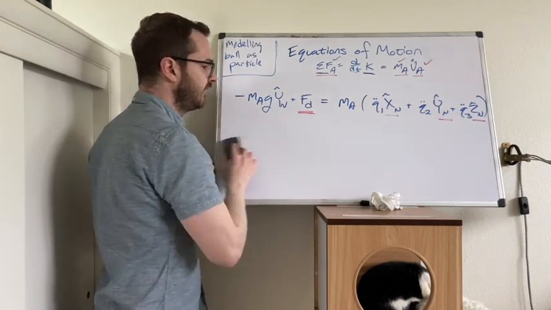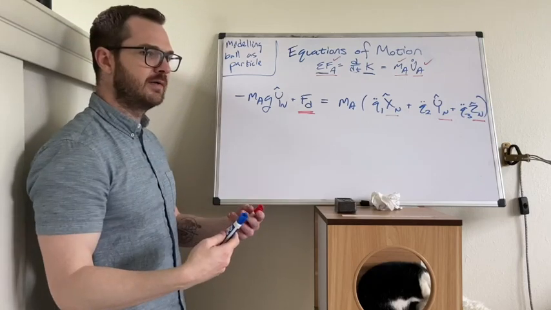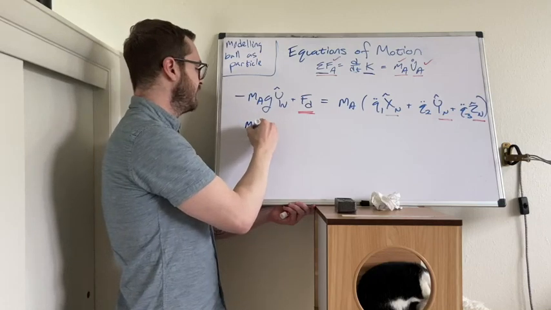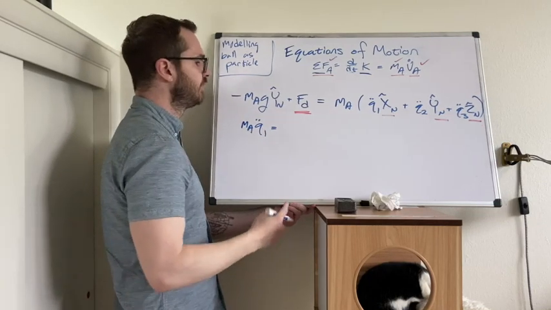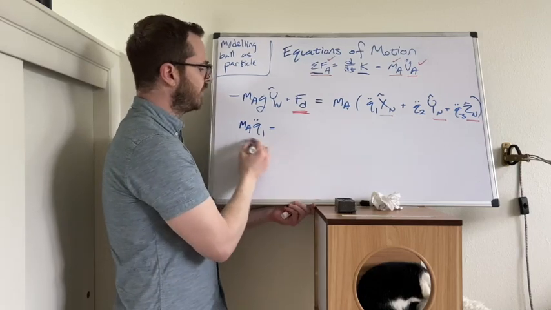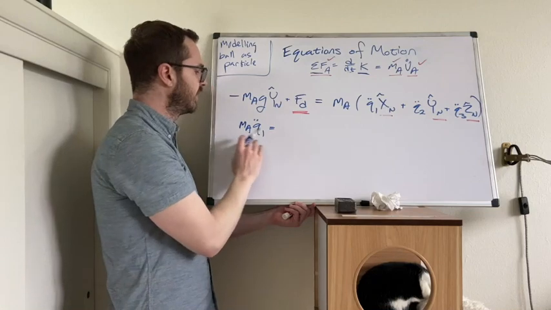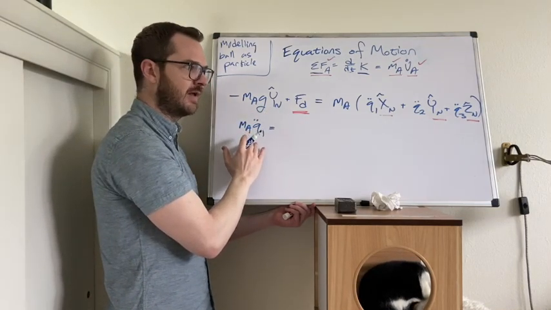Okay, so let's take this equation and rewrite it in 3 parts. Let's say m a, q1 double dot is equal to, and notice I'm dropping the x hat n term. I'm going to take this equation, which right now is a vector equation, and rewrite it as 3 scalar equations.